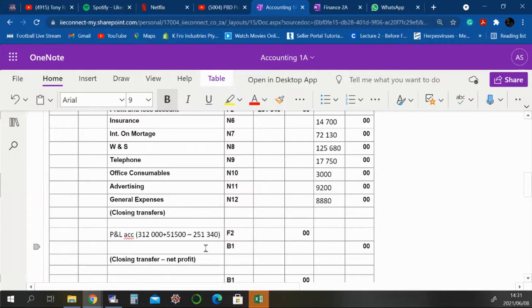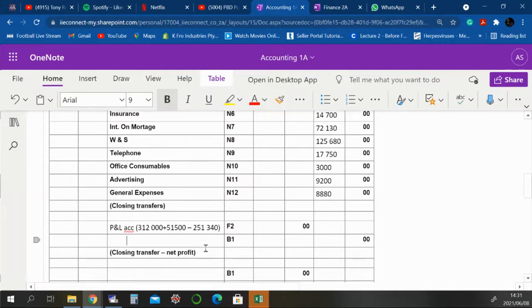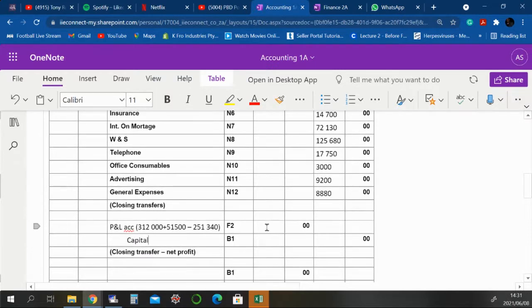I'm just going to put capital over here because we know we're closing it off to the capital account. What is the total you got there? 112,160. Okay, and we're doing the exact same on the credit side.